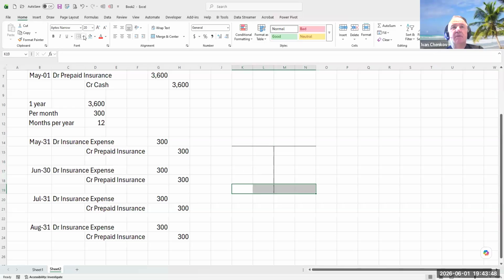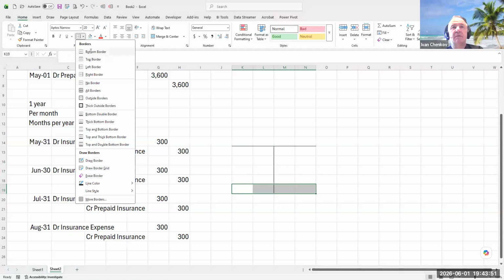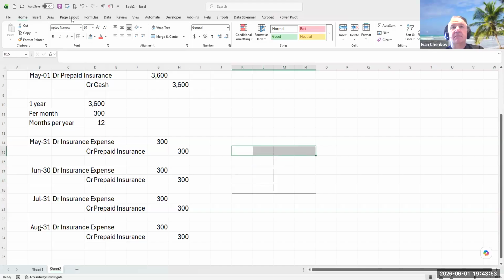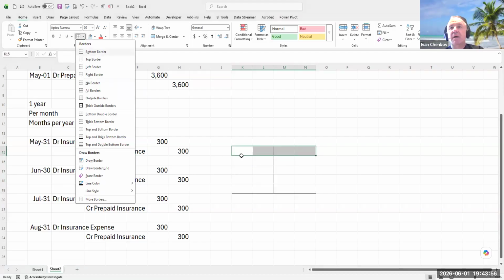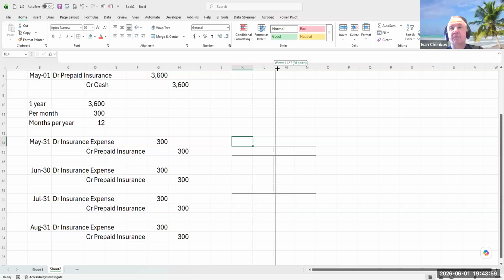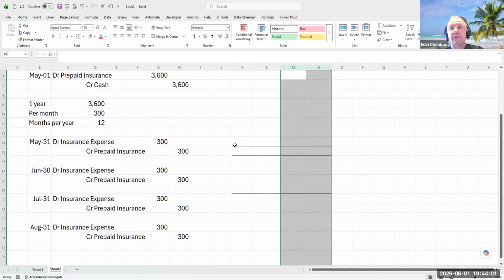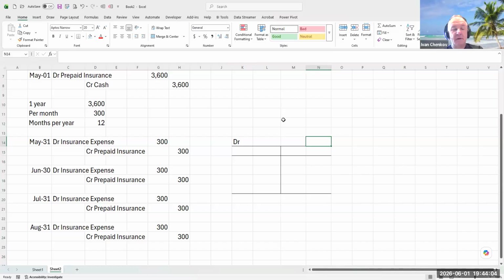What's interesting with an asset account? The asset account has a debit balance. So if this is a debit and this is a credit, my prepaid insurance is going to have a debit balance. So the beginning balance is going to be here, the ending balance on this side. Correct?